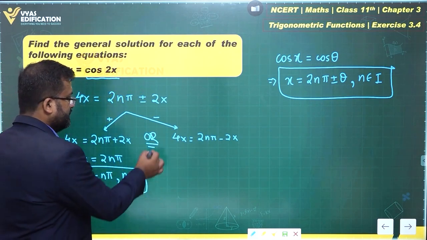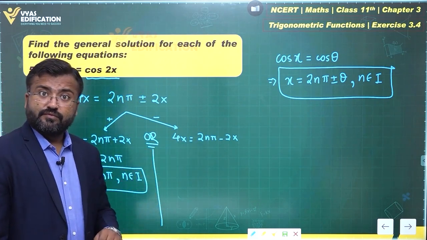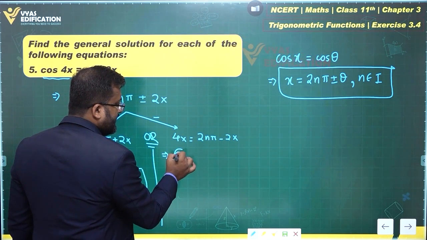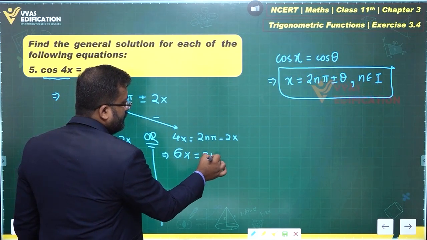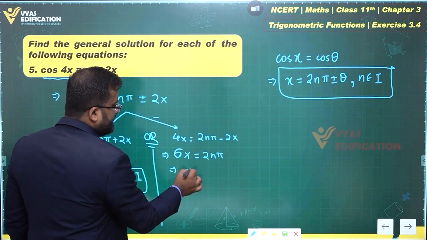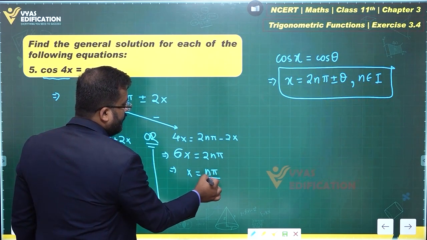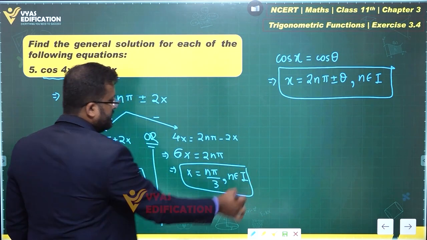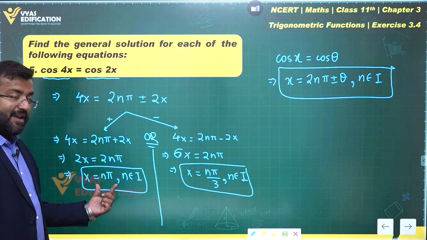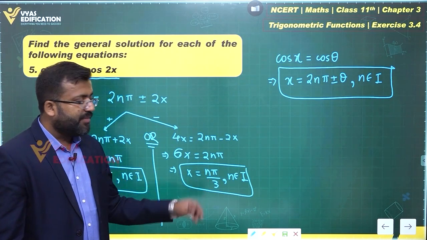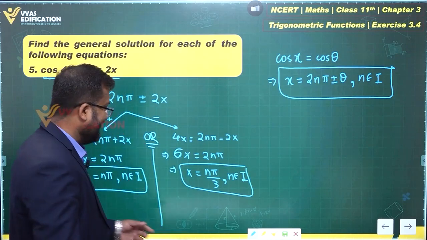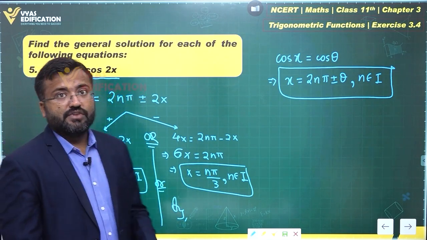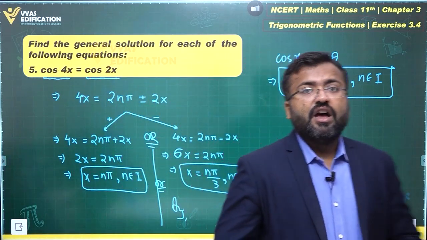Or we can solve this one. What will this be equal to? This will come over here. This is 6x is equal to 2n pi, which gives me x equals n pi by 3, where n belongs to integer. So x equals n pi, where n belongs to integer, or x equals n pi by 3, where n belongs to integer. And yes, this or this is my answer.